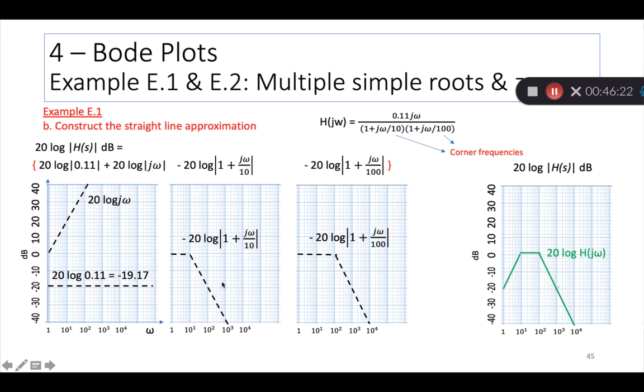Now we come to the other two factors, which are both poles. One of them is at a frequency of 10, another one is at a frequency of 100. So by now I hope you know how to draw the two portions and make them meet at the corner frequency.